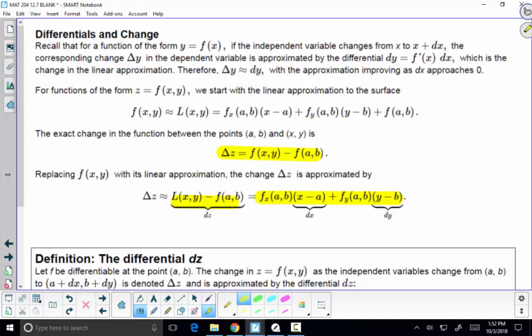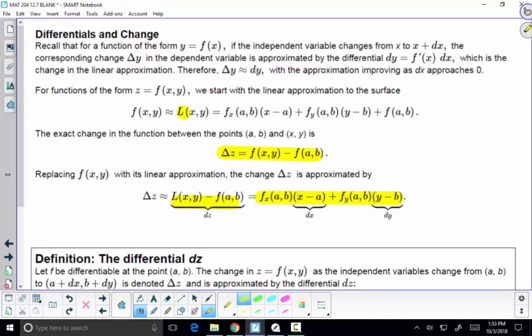Long story short, you take the tangent plane, which is the L. All you do to get down to your dz is get rid of the f of a, b that comes over to L to create this difference. So dz is just this part: f sub x times x minus a, plus f sub y times y minus b.